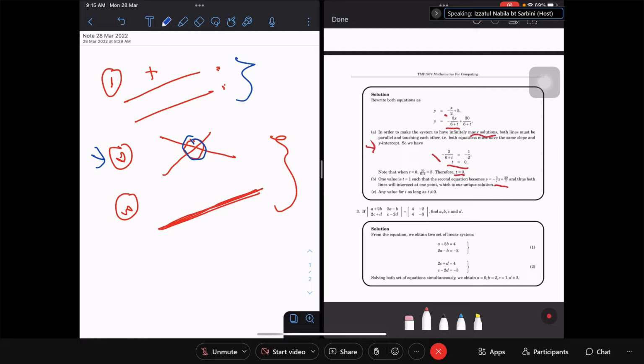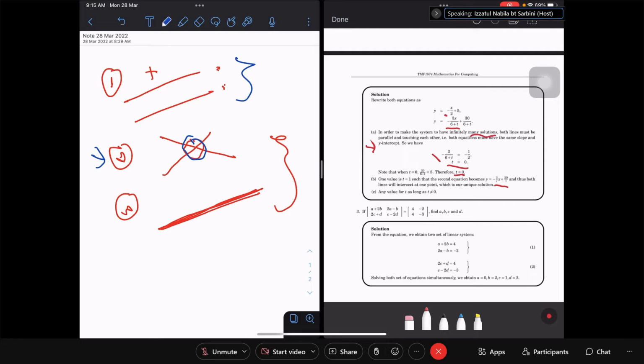As long as it has a solution, we say it is consistent. Inconsistent is when the system does not have a solution. If there is no solution, you cannot find any intersections, then we say the system is inconsistent.